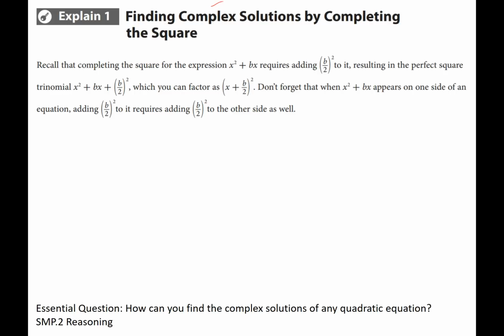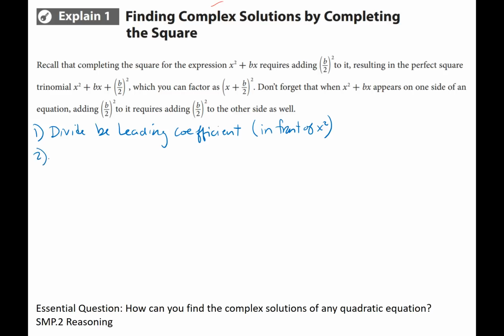The first thing I want, right out here, you're going to divide by the leading coefficient, and that is in front of x squared. Are we going to probably see that today? No, but I don't want you to miss that step.